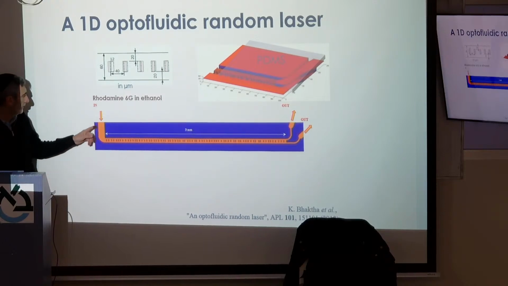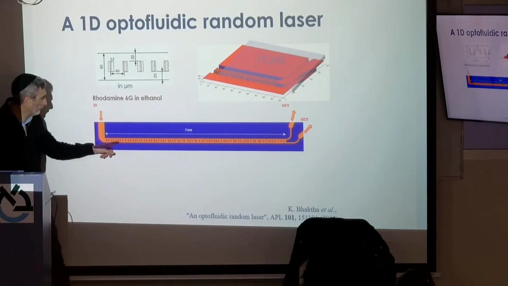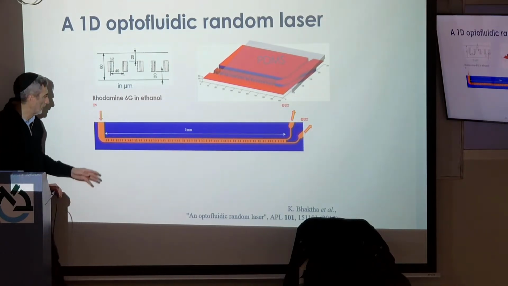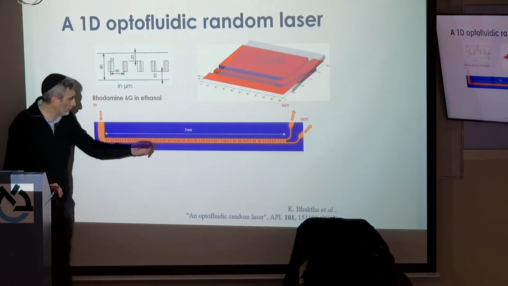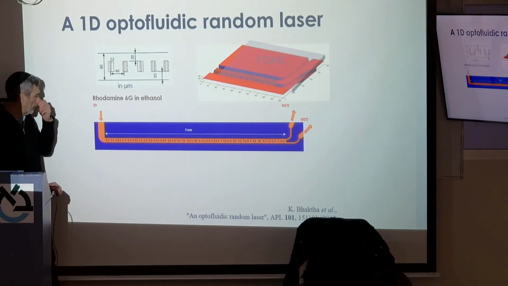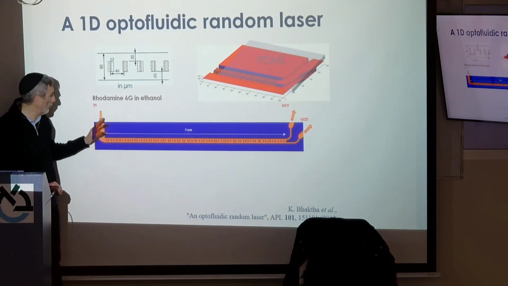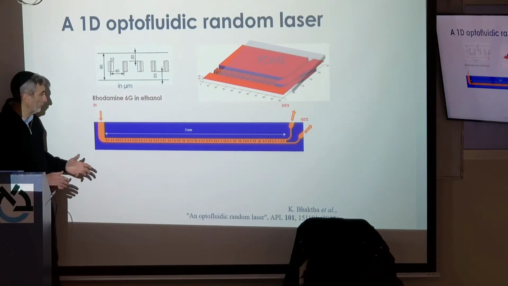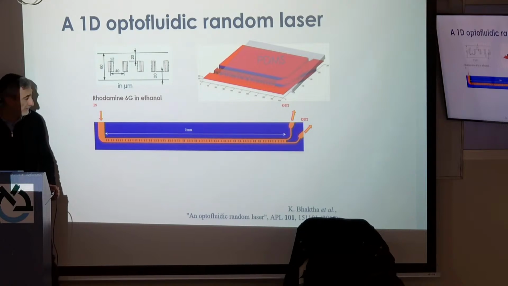You have this dye here, which is flowing through the structure, and the scattering centers, which are randomly distributed inside the structure. You pump the system with light. You pump this element here, so you get gain, you get fluorescence, emission of light.